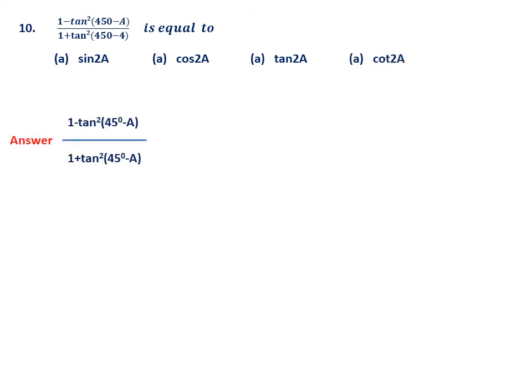So let us take, here I have corrected it, 1 minus tan square 45 degree minus A divided by 1 plus tan square 45 degree minus A. So this will be equal to, now 1 minus tan square can be written as sin square 45 degree minus A divided by cos square 45 degree minus A. Below here also there is a small mistake, it should be degree.